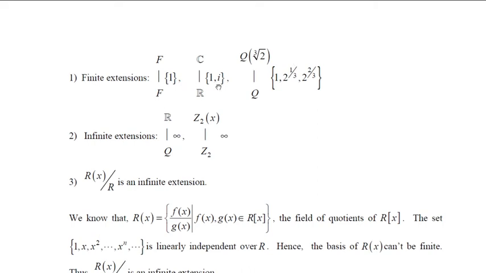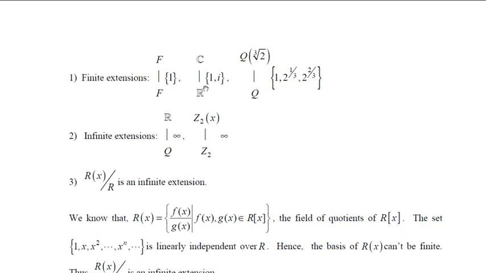So here we have written every element of this vector space as a linear combination of 1 and i, that is, some scalar from R into 1 plus some scalar into i. So every vector of C is a linear combination of this. Hence, the basis of C consists of 2 elements. Therefore, the degree of this field extension, that is C over R, is 2.